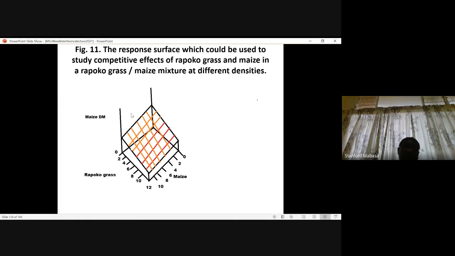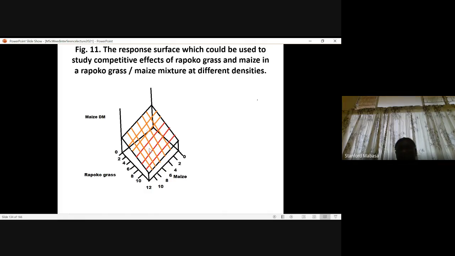Now, this is a special graph which is known as the response surface. Here we've got a mixture of maize and Rapoco grass. This could be maize dry matter. The shape of this box can give us various combinations about the dry matter of maize.